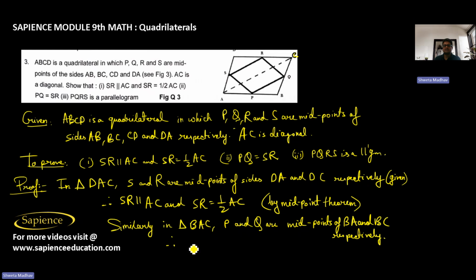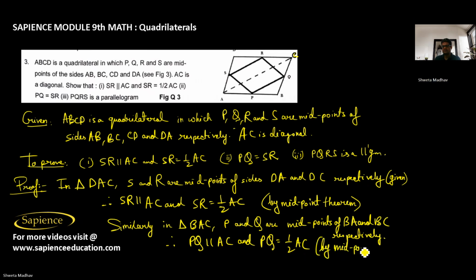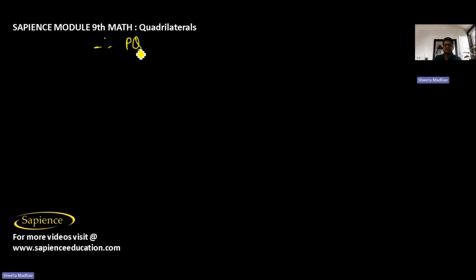So therefore I can say that PQ is parallel to AC and PQ equals half of AC by using the midpoint theorem. So both SR and PQ are equal to half of AC. Therefore, PQ equals SR.